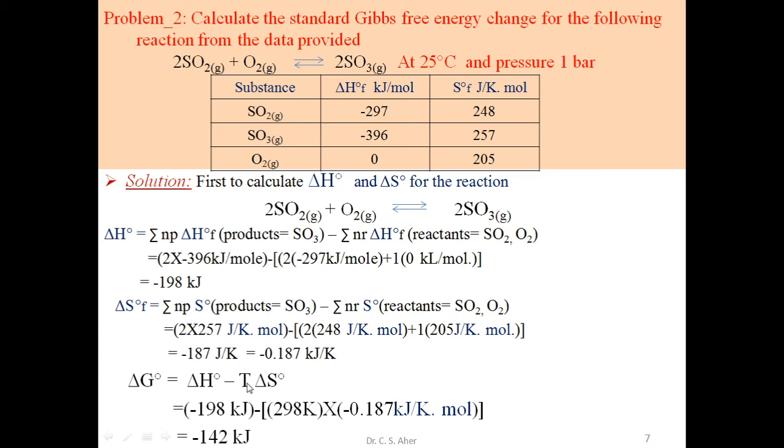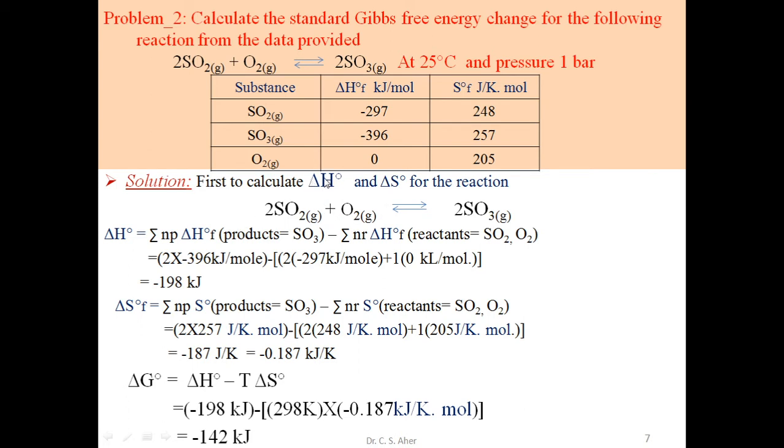So these two values must be calculated. So in the solution, first calculate delta H0 and delta S0 for the reaction. The reaction is the same: 2 moles of sulfur dioxide combine with oxygen to form 2 moles of sulfur trioxide, SO3. This reaction is a reversible reaction.